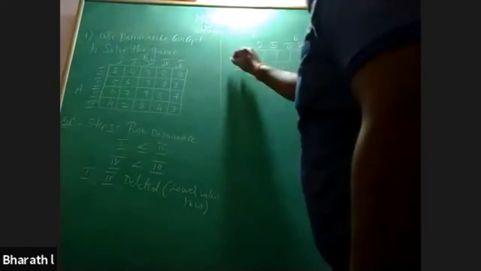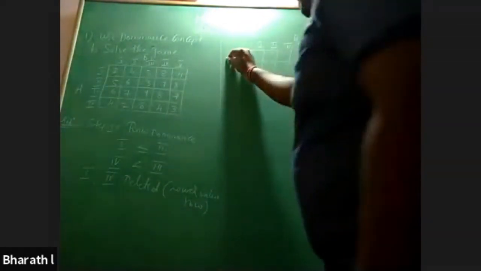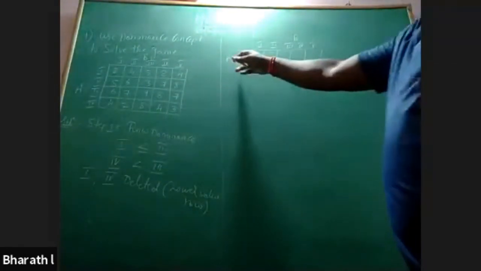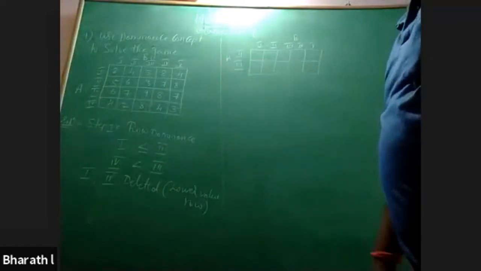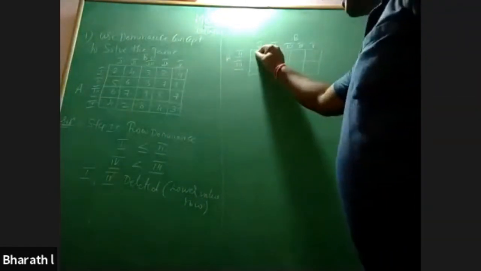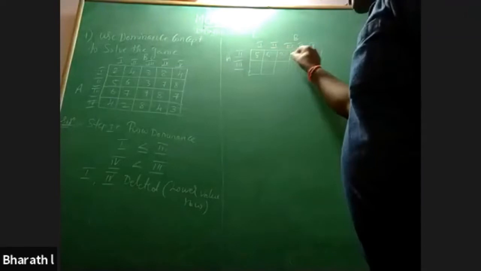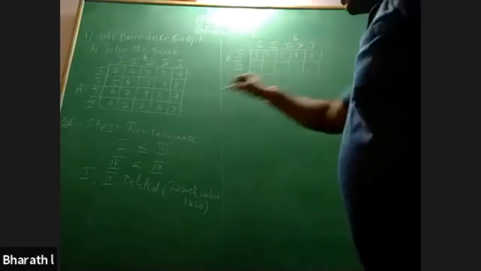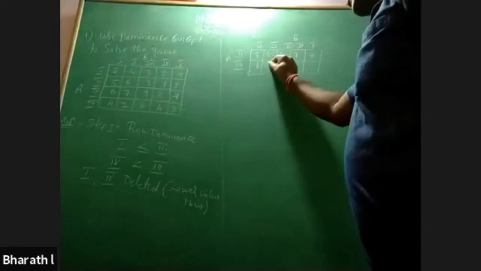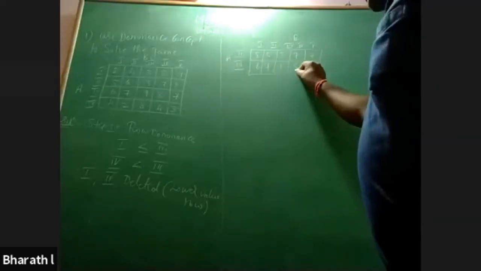This is for player B. This is for player A. Then the elements corresponding to strategies 2 and 3: 5, 6, 3, 7, 8; 6, 7, 9, 8, 7.